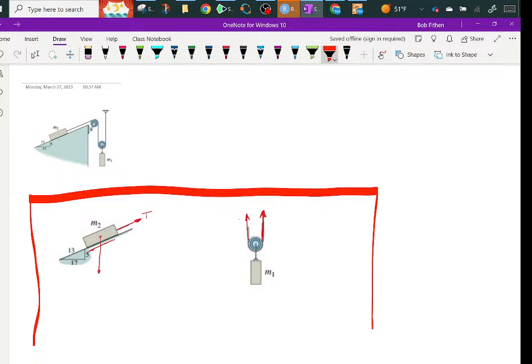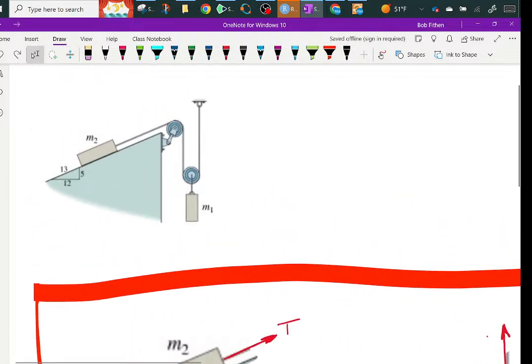Okay, so in other words, if it's not in motion, somebody goes in here and we'll pick this block, for example. So before it gets in motion, somebody is either going to hold this block this way. They're going to hold this block from moving by putting a force on it this way, or they're going to put a force on the block this way, and they're going to keep it from moving.